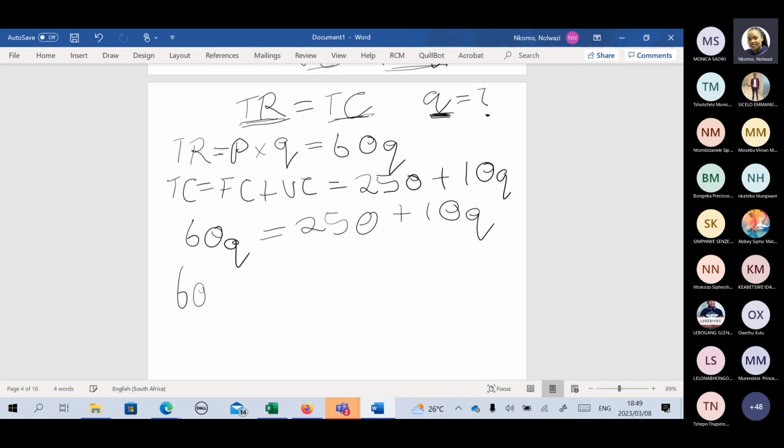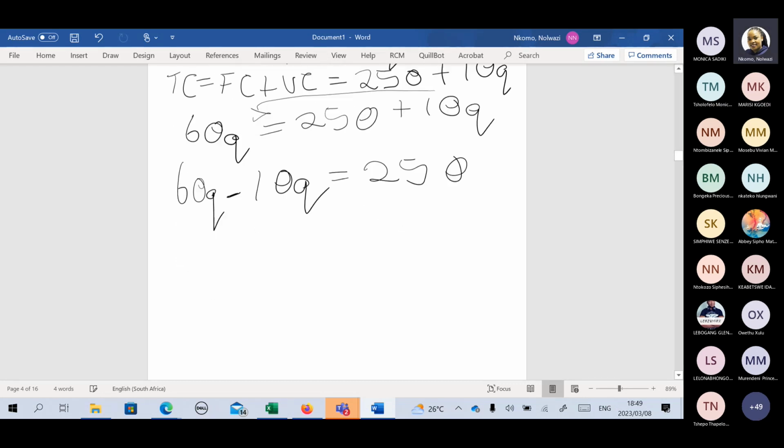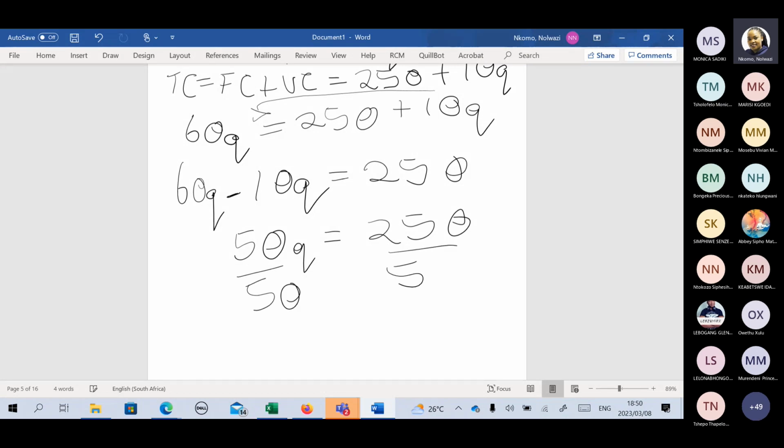We have 60Q. Okay, this we transpose, it changes its sign to minus 10Q equals 250. And then we add these two. And if we add these two, we have 50Q equals 250. You want Q, not 50Q. So it means we need to divide by 50 on both sides.